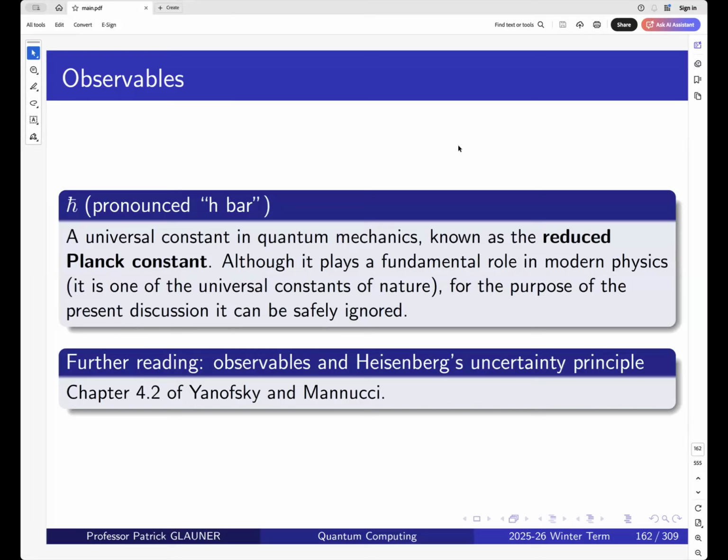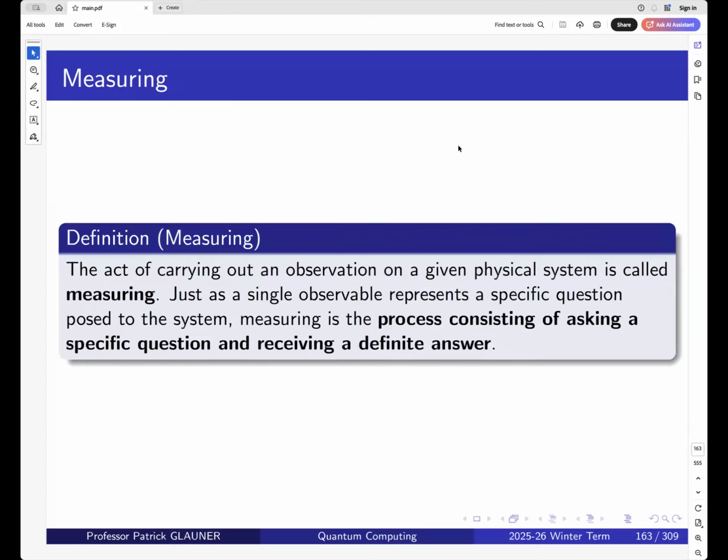But we as computer scientists are actually interested in something else. What is more important for us is later to do measurements. We will have a quantum state, and we need to measure whether that quantum state finally collapses into a 0 or 1.